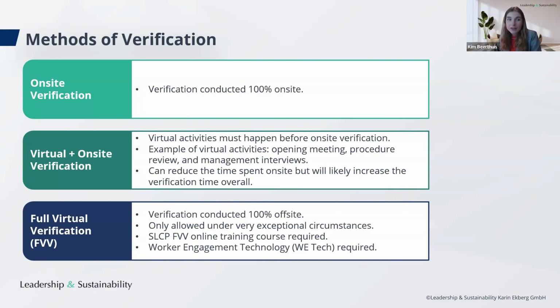But as a disadvantage, it may increase the overall verification time. And lastly, there's the full virtual verification, but that is only allowed under very exceptional circumstances. In this case, the facility must complete the SLCP FVV online training course and also have the worker engagement technology installed. It is also called the WE tech.